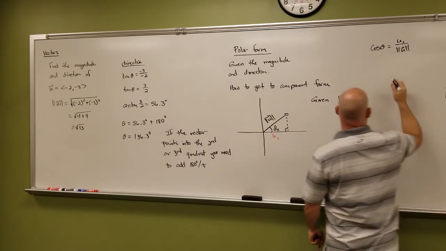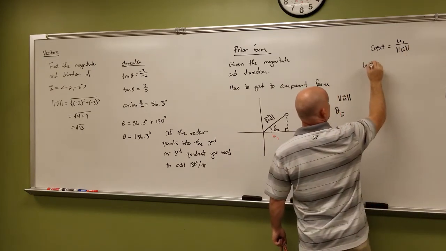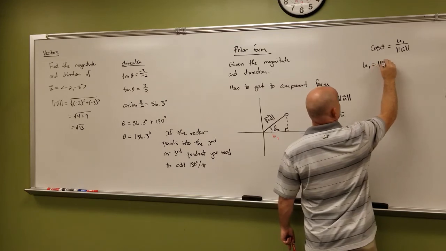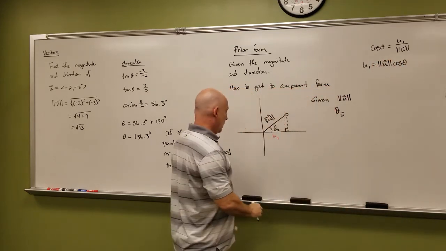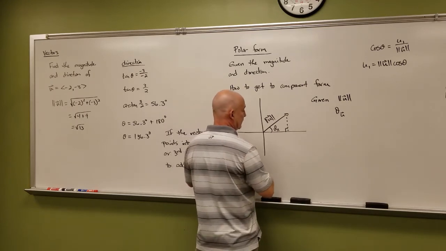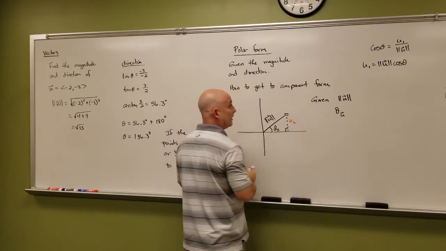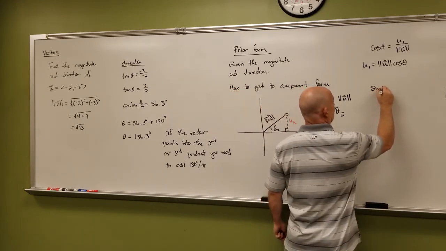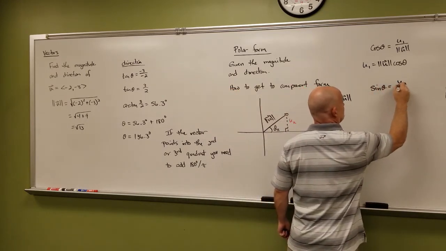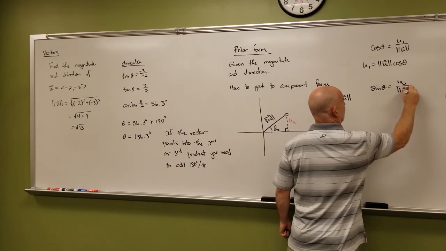So by solving this real quick, you can see that the first component is the magnitude times the cosine of that angle. And if we did the same thing over here, instead of looking for the x value, let's look for the y value. You can see that the sine of the angle would be the opposite over the hypotenuse.